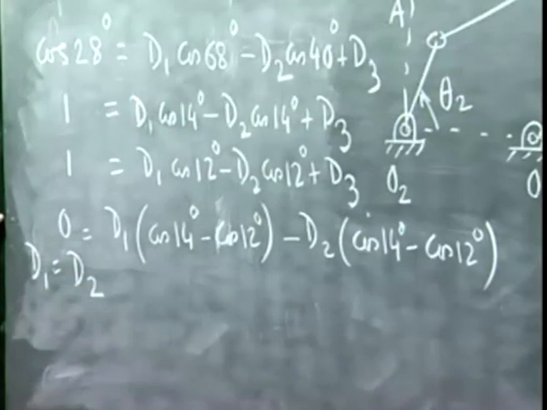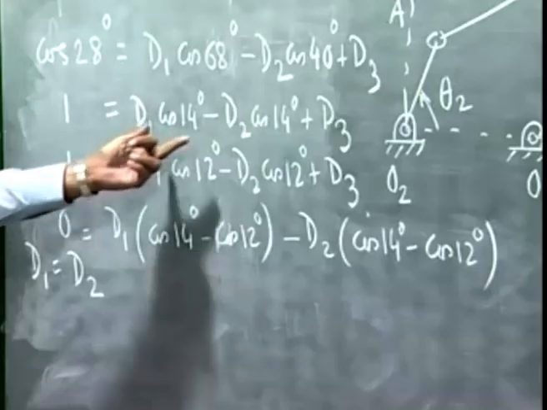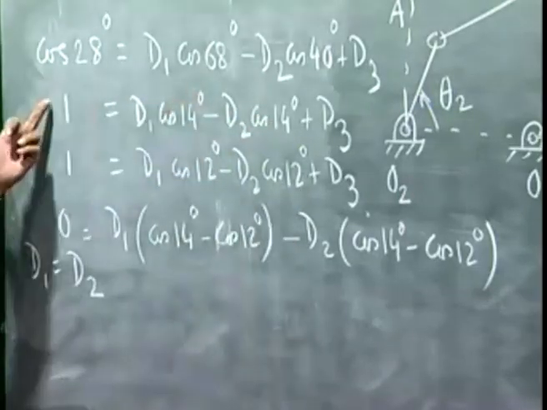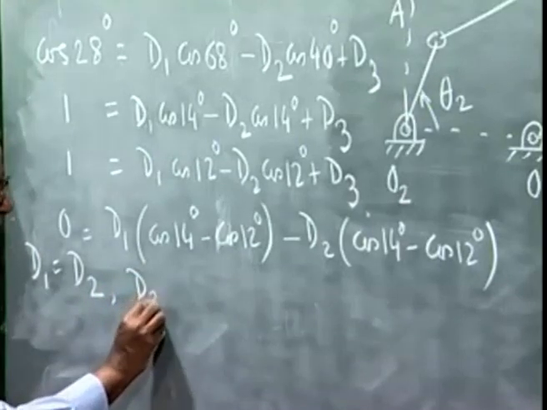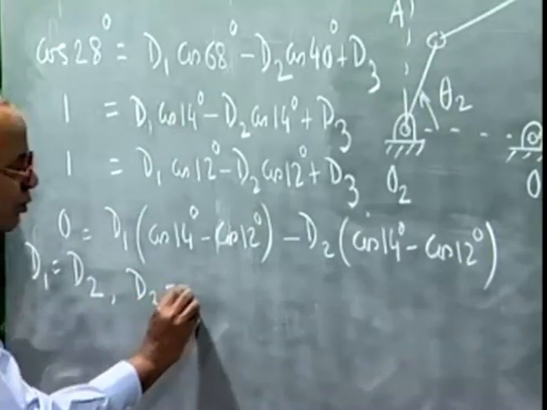Now d1 is same as d2, then from any of these equations I am getting d3 is equal to 1.